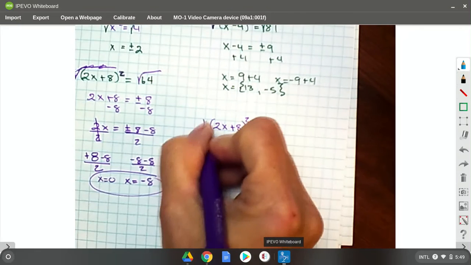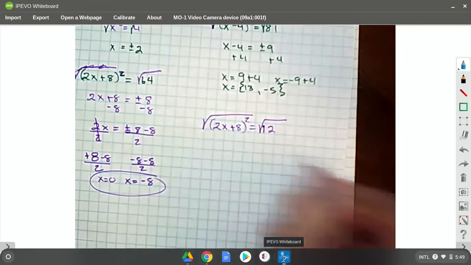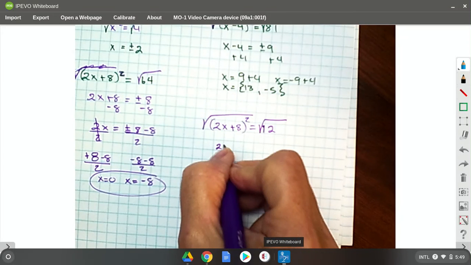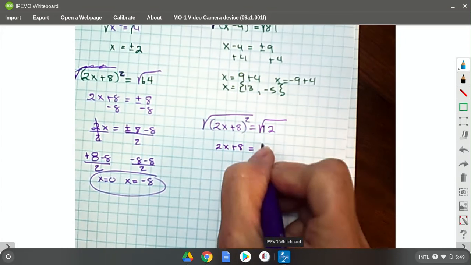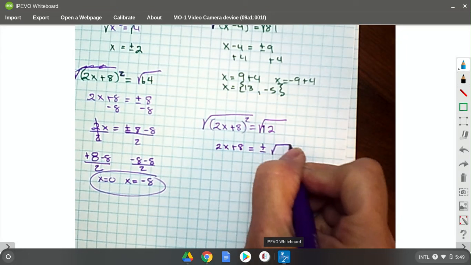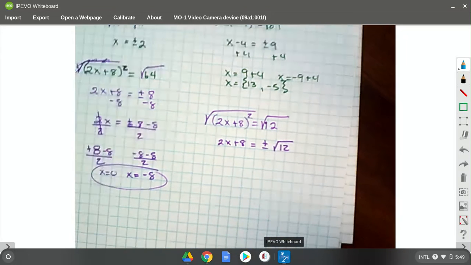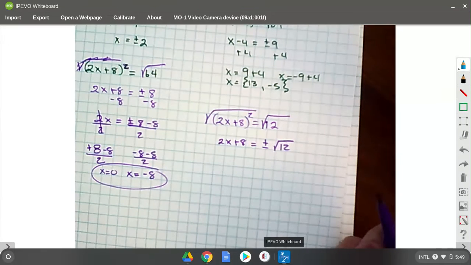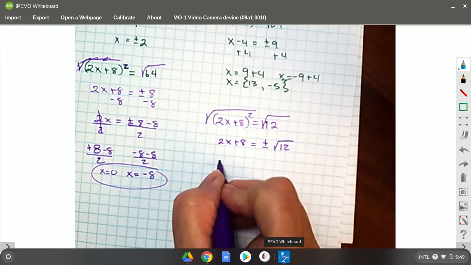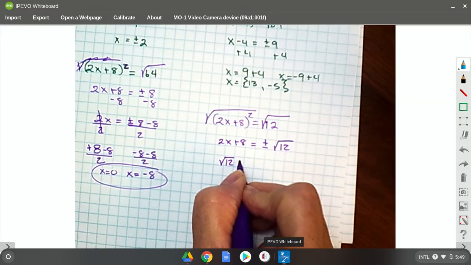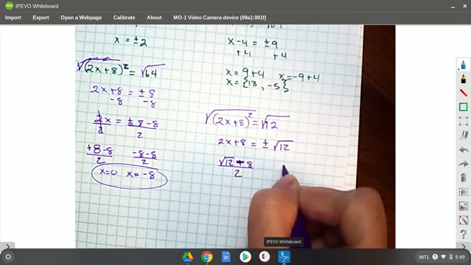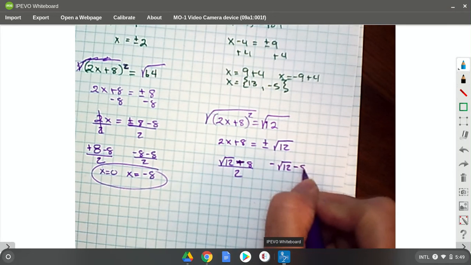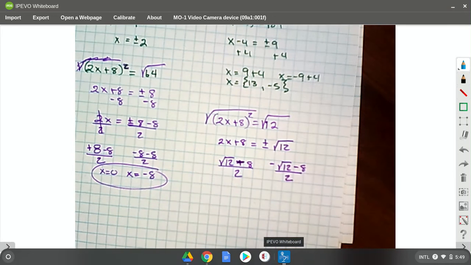We're going to take the square root of both sides, and we're going to have 2x plus 8 equals plus or minus the square root of 12, and we're just going to leave it up under the radical. Then it's going to be the same thing. We're going to subtract that 8 and divide by 2. So I have the square root of 12 minus 8 divided by 2, and the negative square root of 12 minus 8 divided by 2.